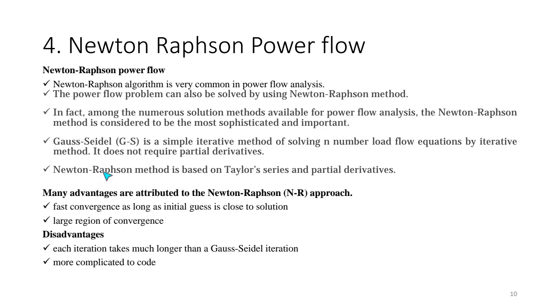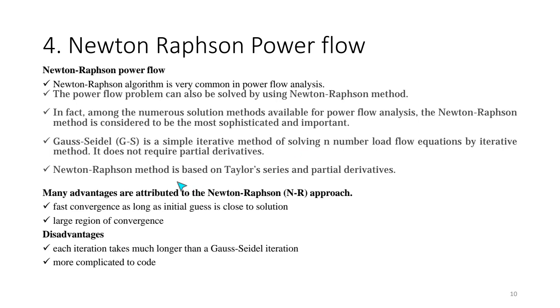And in some cases, you might see the Gauss-Seidel method used in some power flows. The only advantage of the Gauss-Seidel method is that it doesn't need a Jacobian matrix, which means you don't need the partial derivatives. But the disadvantage is that it cannot solve a complex problem.